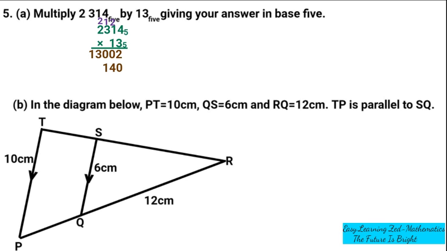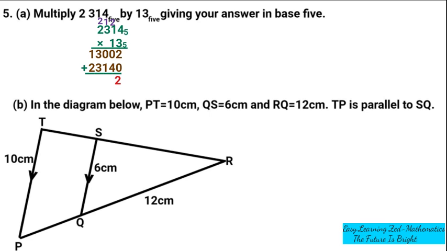Then I'm going to add those two numbers the normal way, but just be conscious that we are doing this in base 5. 2 plus 0 gives me 2. 0 plus 4 gives me 4. 0 plus 1 gives me 1. 3 plus 3 gives me 6.